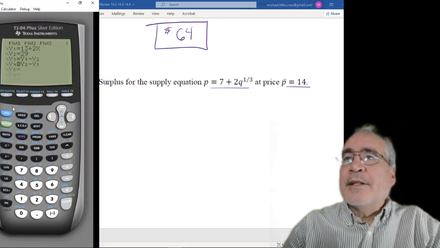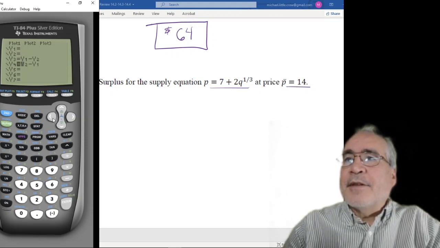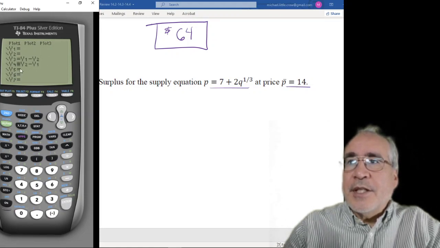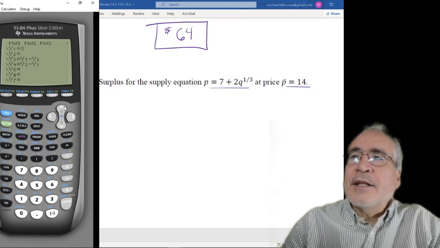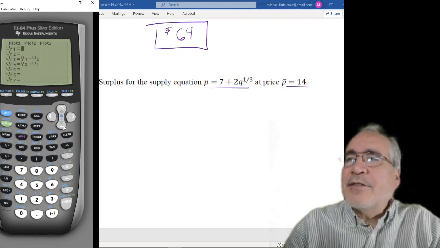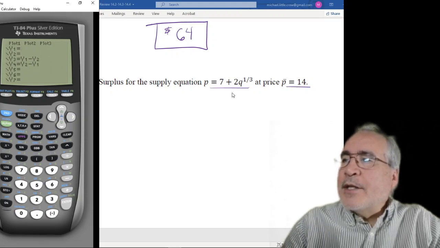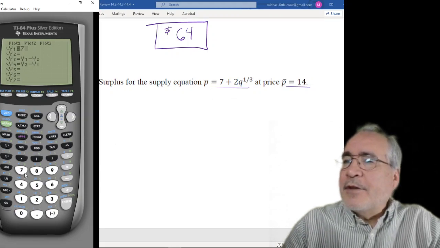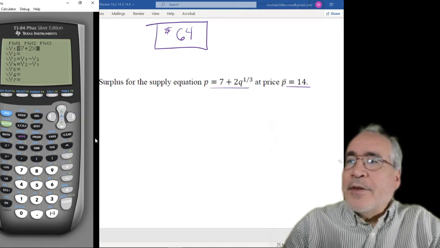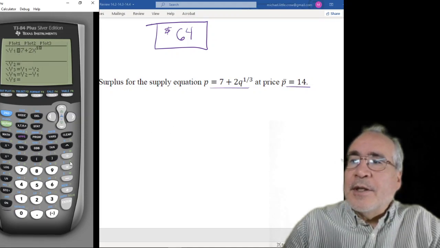So we come back here, go to our y equals. We're going to clear out these two functions, and turn off this y2 minus y1, although we probably could have left it on. That's the one we will use, but I want you to know that from the start. And again, you might enter this in a different order. So 2x to the 1/3, 1 divided by 3.